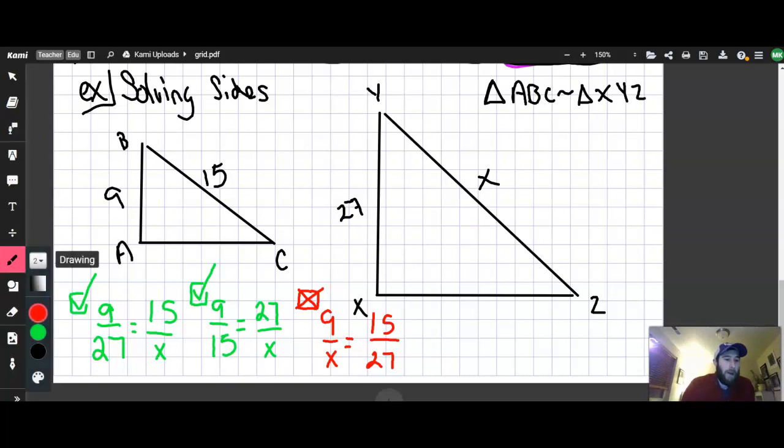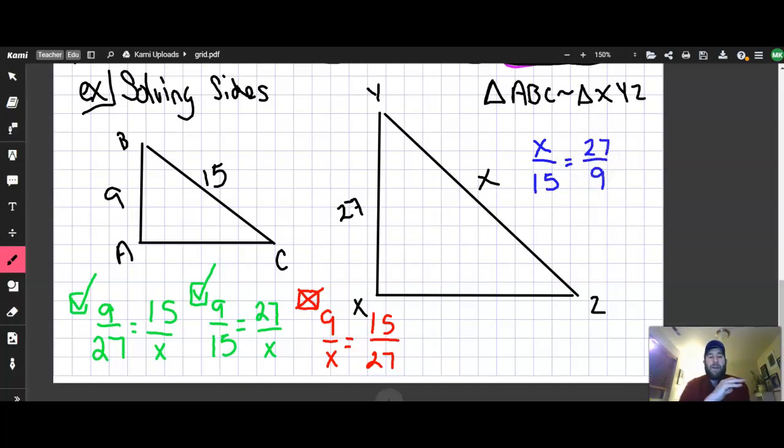And so my preference of all these examples I've shown you, where the greens do work and the red does not work, is to put x over the 15 and set that equal to the 27 over the 9. Because every other of these examples that work will just take more steps to solve versus the one that we've written out just right now.